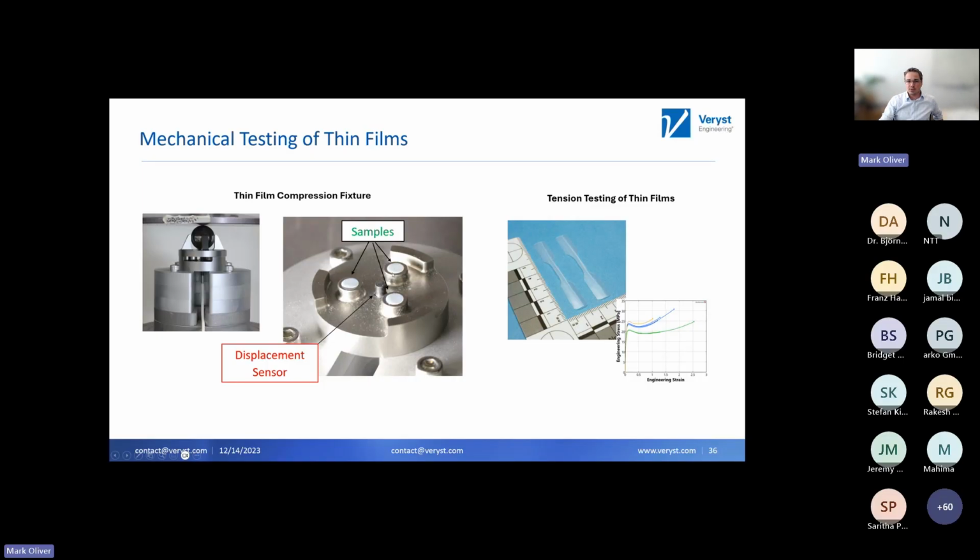And then you can put a top platen on, you can apply a compression through the thickness. And the challenge with these experiments is getting a good measure of strain, right? And so what we have is a displacement sensor that sits in the middle of these 3. And so this can measure the displacement of the top platen with sub-micron accuracy.